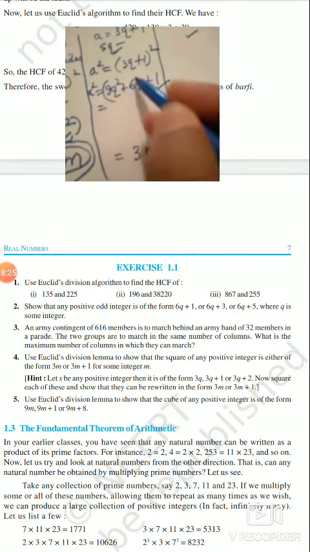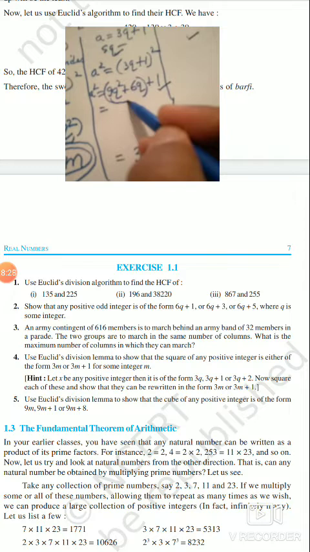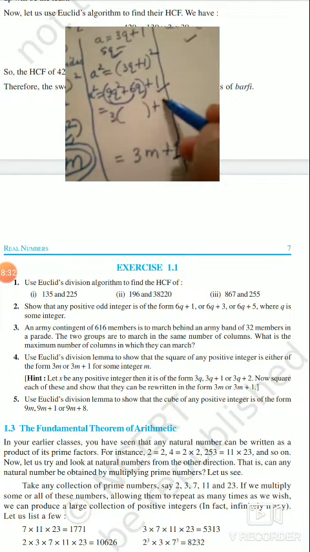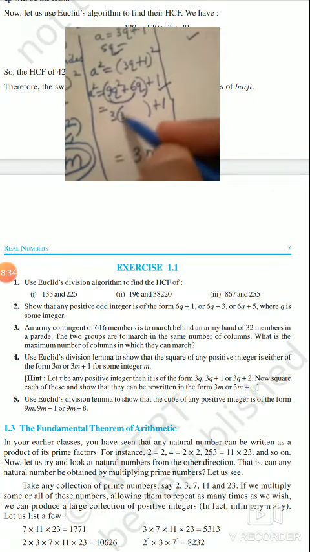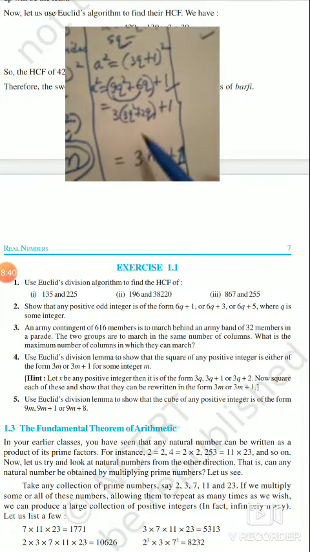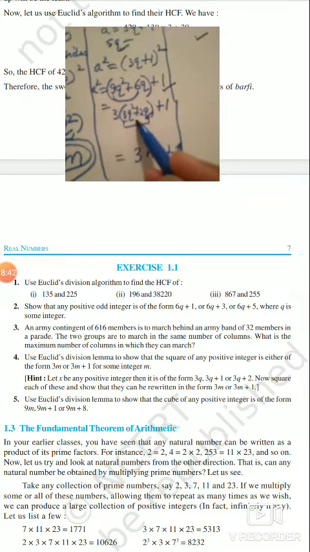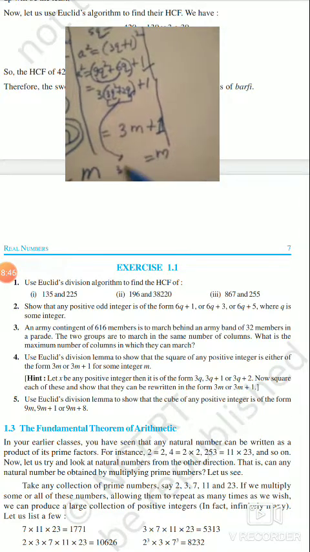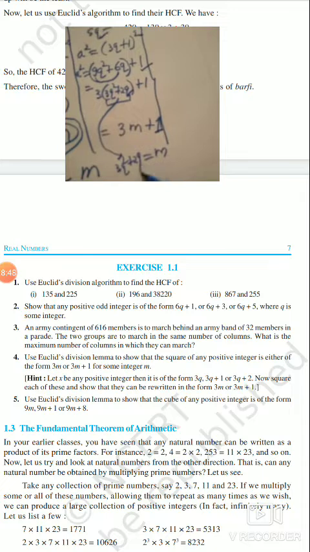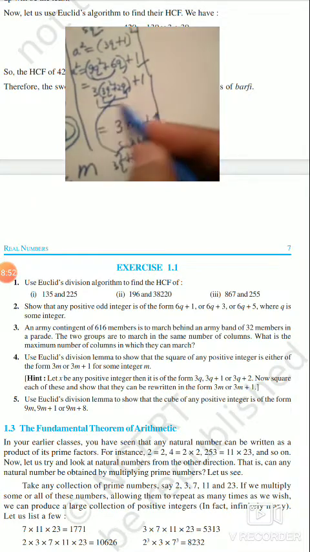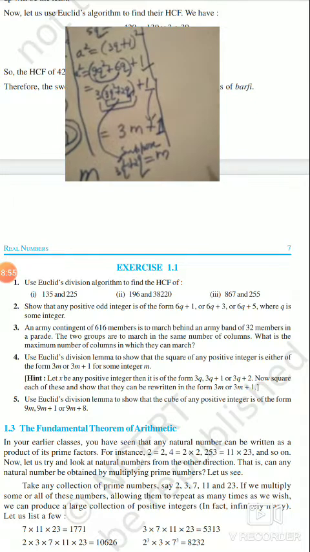So for making 3m here, take 3 as common, plus 1 is here. Now 3q square plus 2q. Now for making this 3m, we suppose this as m. What? 3q square plus 2q is m, suppose. Now this becomes 3m plus 1.